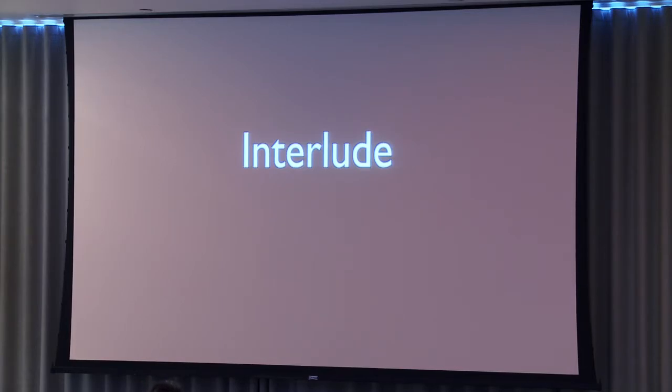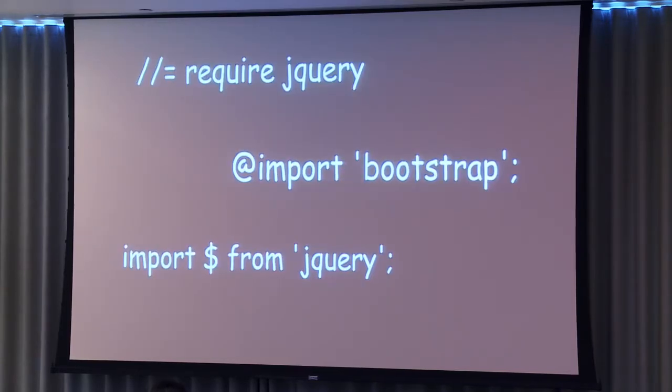That's very straightforward. But there are times where figuring out when to rebuild which file is more complicated. And basically, all kinds of import statements are our enemy with regard to these dependencies. So when you have something like //= require jQuery, like in the Rails asset pipeline, or import bootstrap in Sass, or import $ from jQuery, that's the upcoming ES6 module syntax in JavaScript, when you have statements like that, one output file depends on multiple input files.